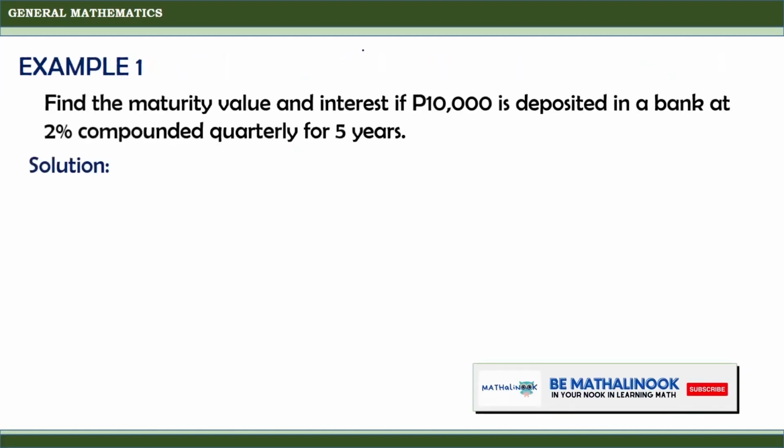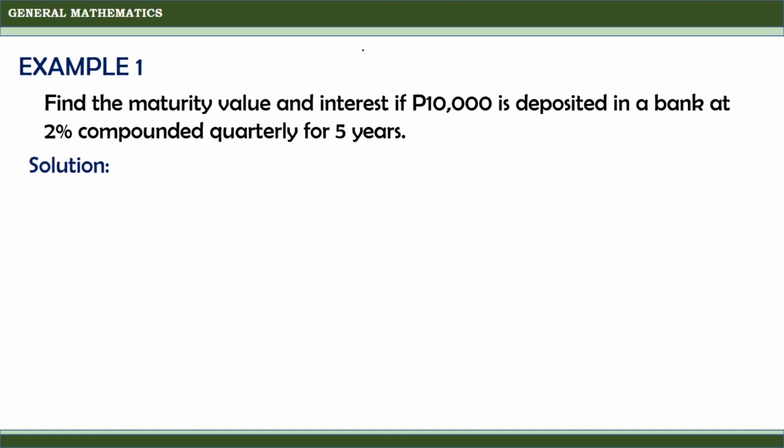Let us take this example. Find the maturity value and interest if 10,000 pesos is deposited in a bank at 2% compounded quarterly for 5 years. The first thing that we need to do is to write down our given. From the problem, we have P is equal to 10,000 because 10,000 is the amount being deposited.